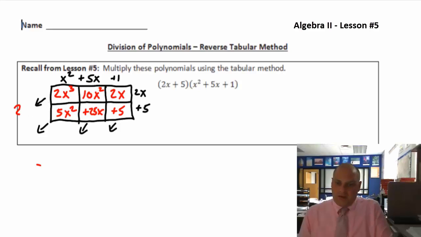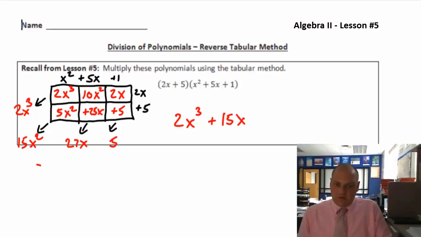We get 2x to the third. We get 15x squared. We get 27x. And we got 5. So our product is 2x to the third plus 15x squared plus 27x plus 5. Alright, good stuff.